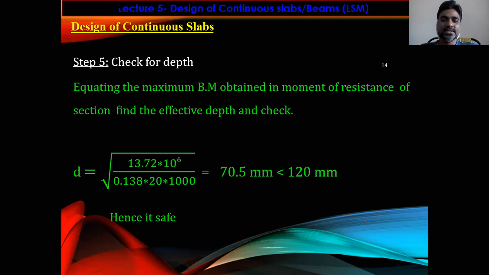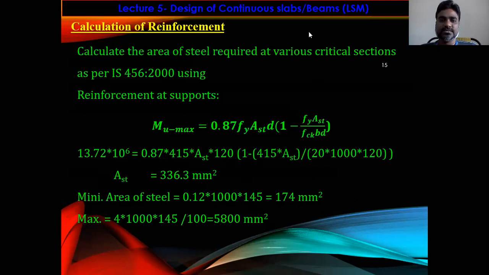The next step is calculation of reinforcement, right? The reinforcement is calculated for different sections or critical sections. So here, first the reinforcement is calculated at supports. At support, the maximum bending moment is 13.72, right?